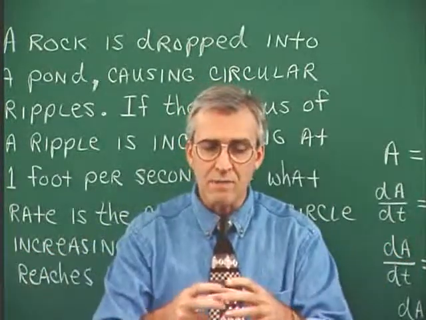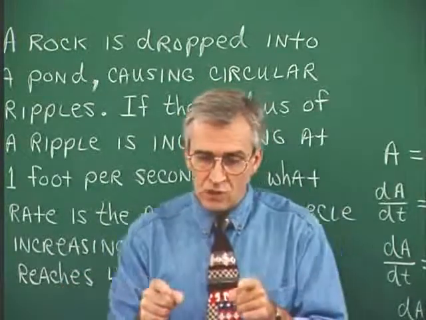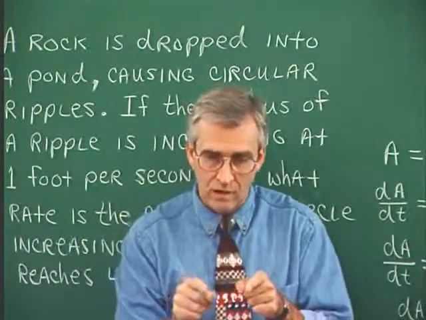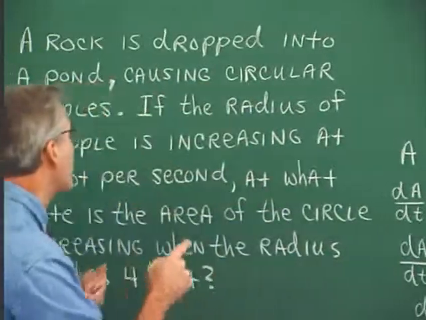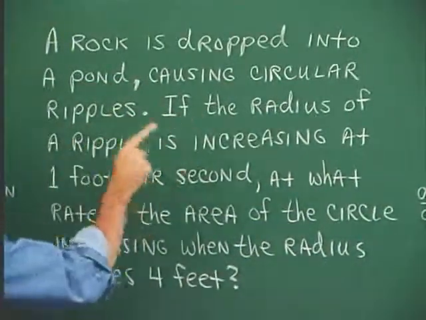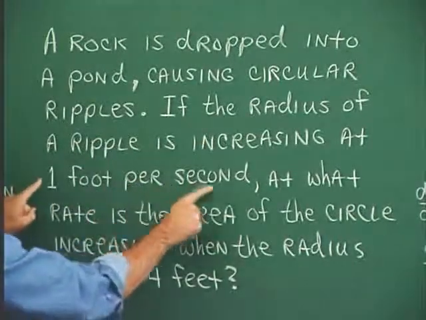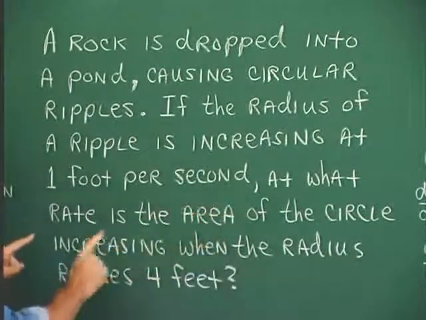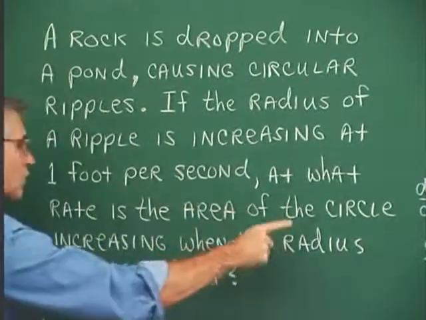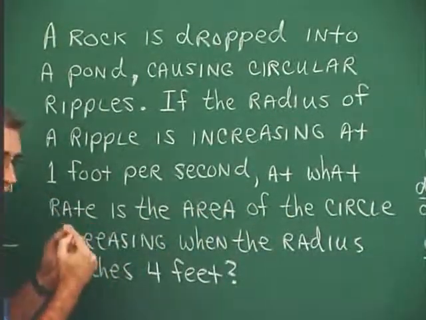That rate can be measured by the change in the radius, so the radius of the circle is moving out. Now let's continue. The radius of a ripple is increasing at 1 foot per second. At what rate is the area of the circle increasing when the radius reaches 4 feet?